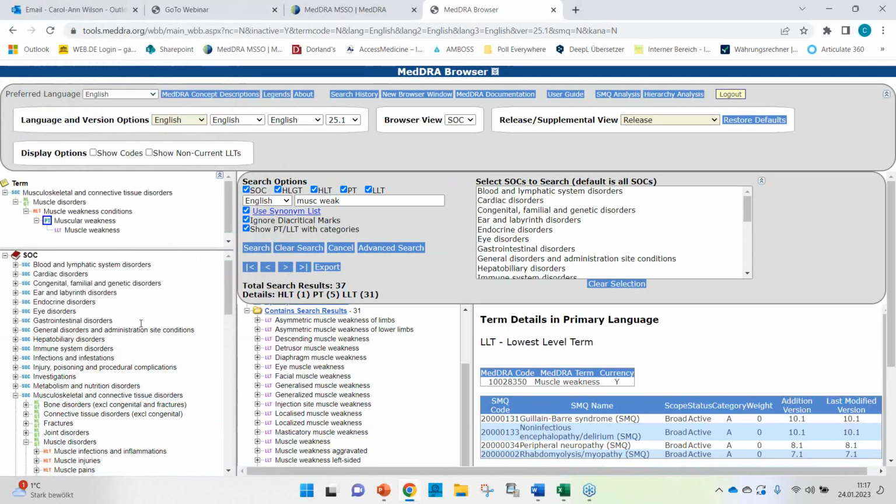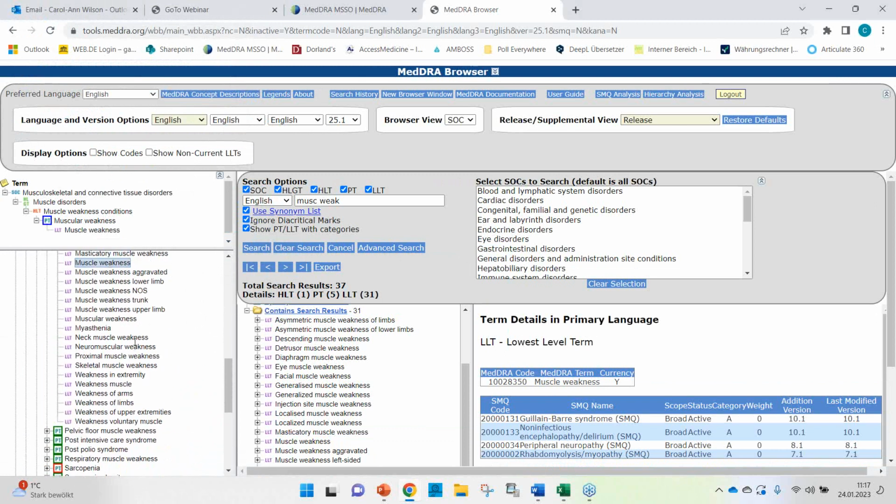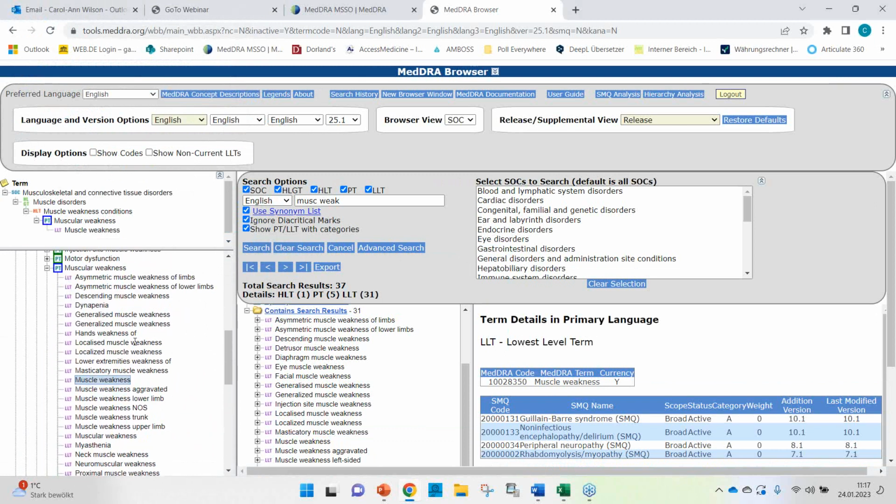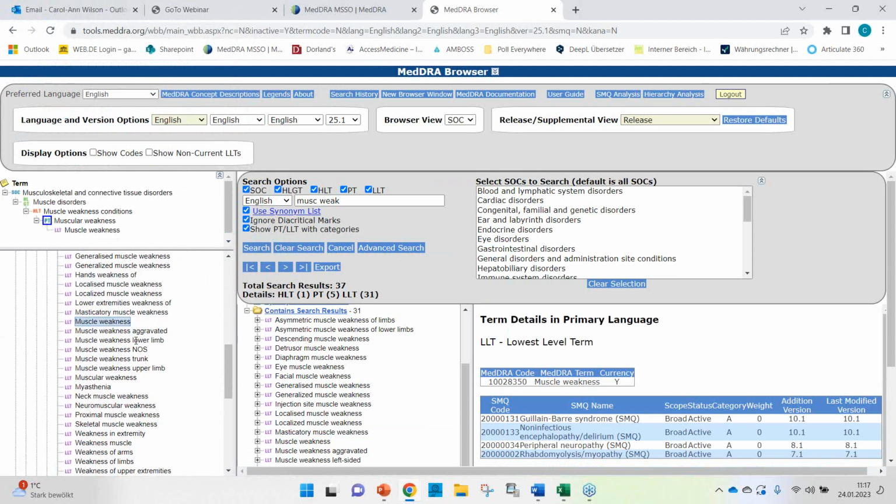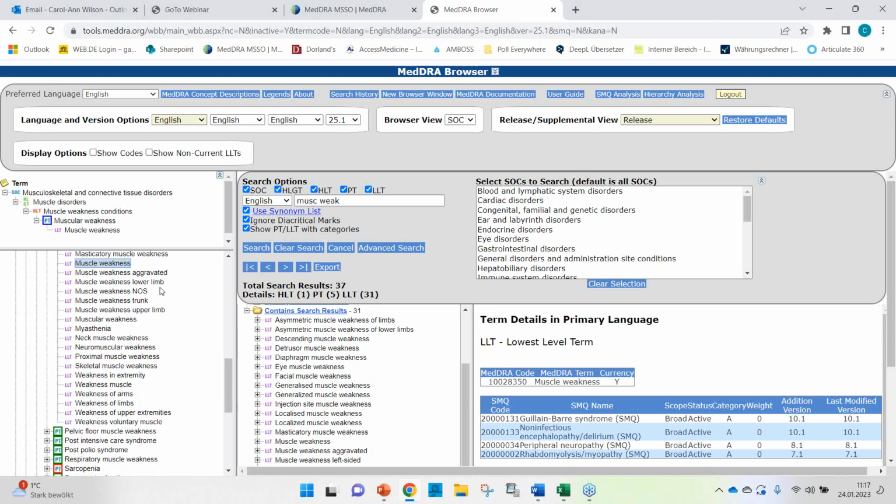We are again in the SOC musculoskeletal, and here we have the muscle weakness. Again, lots of options here. Asymmetric muscle weakness of lower limbs. This was not the case here. We have asymmetric muscle weakness, descending, lower, localized, hands, lower limb, upper limb, neck, arms, limbs, upper extremities, nothing that would include left arm and left leg.